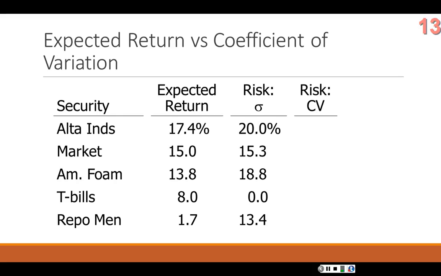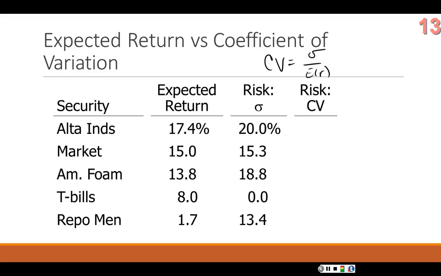Again, coefficient of variation is standard deviation over expected return. Expected return can be written as E open parentheses R close parentheses, or R hat, or R bar. The book and the internet use many different ways to express this.